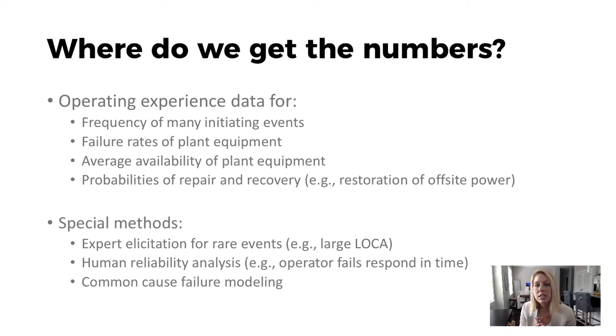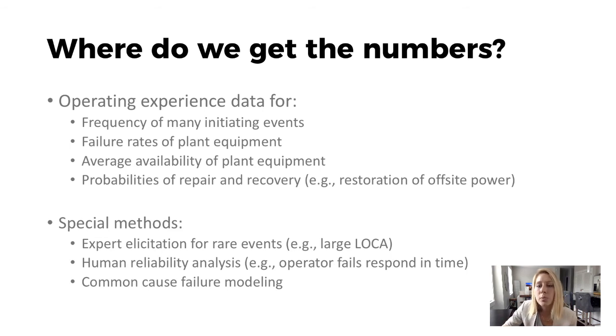If technologies in the system have been around for a while, we can often look at operating experience to gather data on the frequency of initiating events, failure rates of plant equipment, average availability of plant equipment, and probabilities associated with repair and recovery efforts.